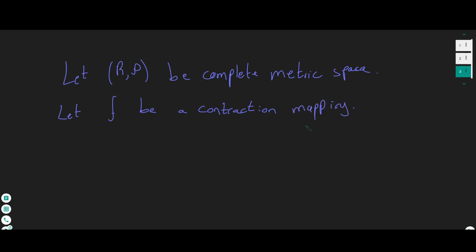If you assume these two conditions, then there exists a point x in R such that f of x equals x. This point is unique, it's in R, and if you apply the mapping to it, it doesn't change. It gives you the same point. It is a fixed point. This is what the fixed point is.